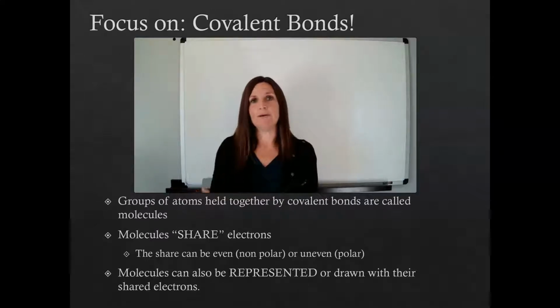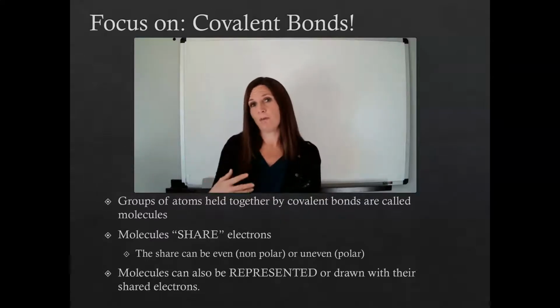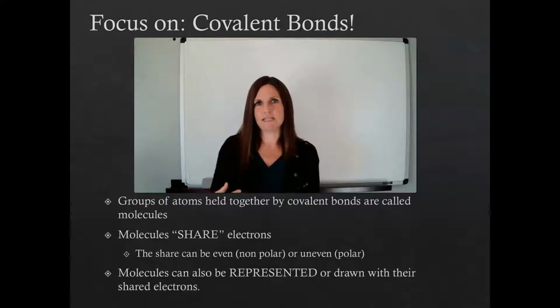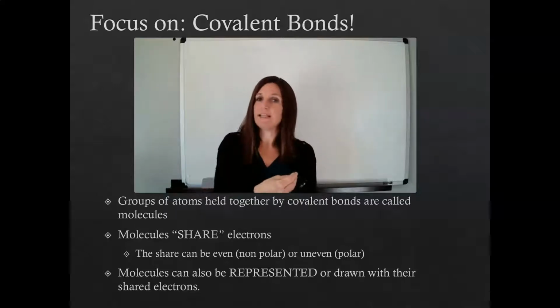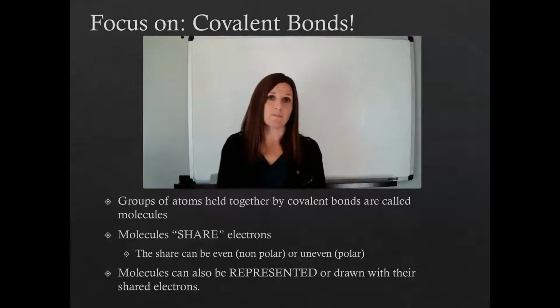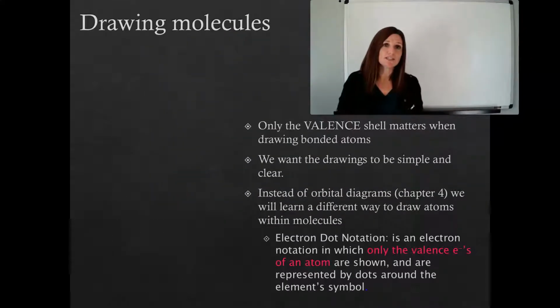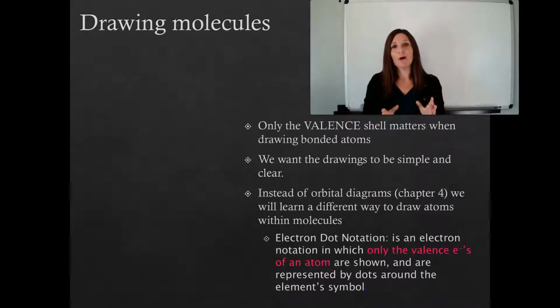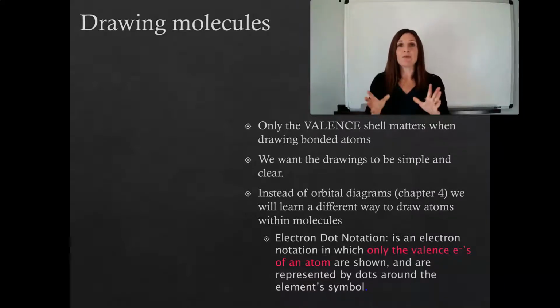And the first step in being able to predict that behavior is being able to draw the molecule and understand how it is sharing evenly or not sharing evenly the electrons within the molecule. So we're going to start this process by drawing the valence electrons on individual atoms. And then we'll work our way up to fitting them together like puzzle pieces into molecules.